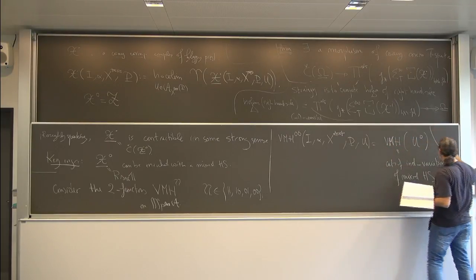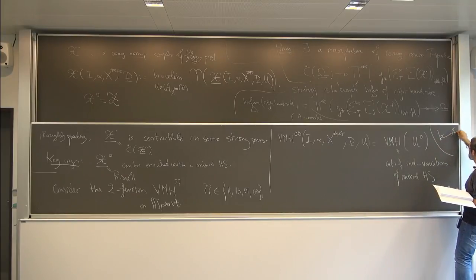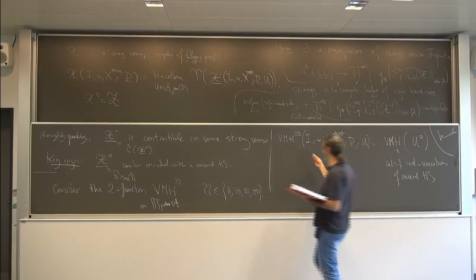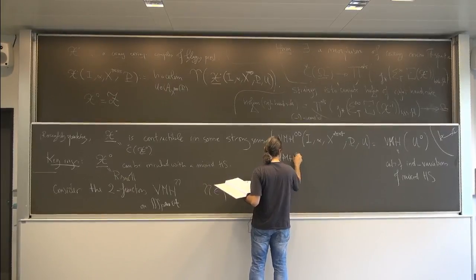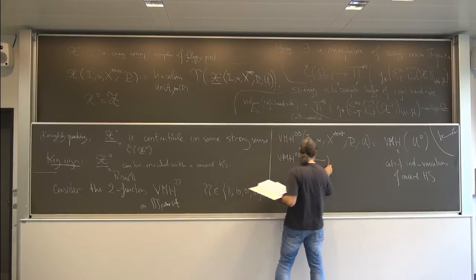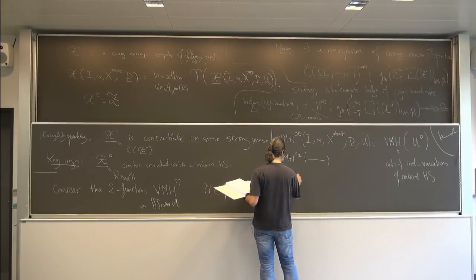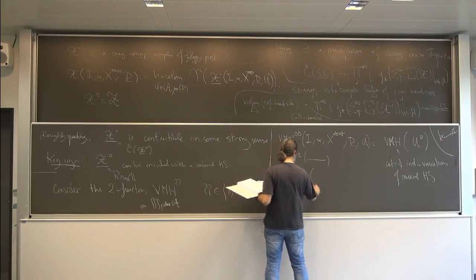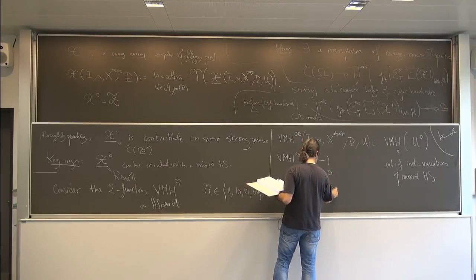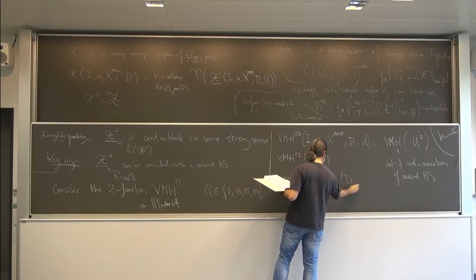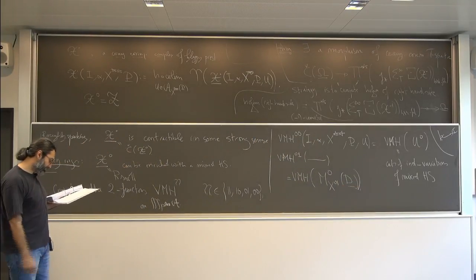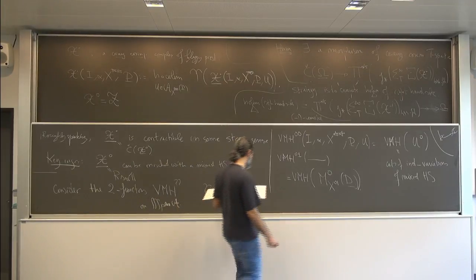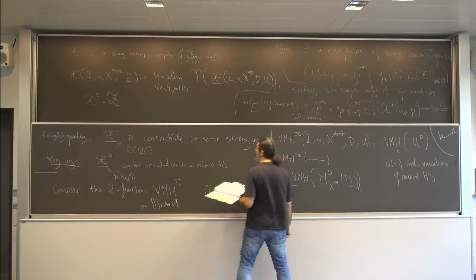So of course here I have chosen an embedding of K in C. Okay, and the same for, let me just do one, for example 0 1, saying this is VMH of M0 X 0 1 T. Okay, so we have these things, and so I can somehow repeat the construction.